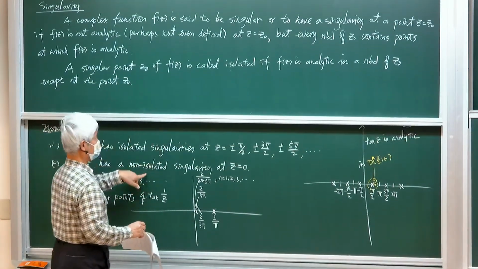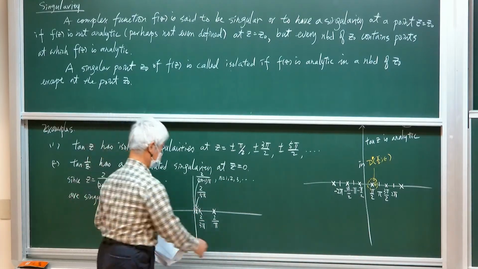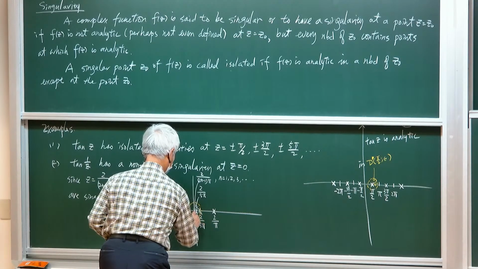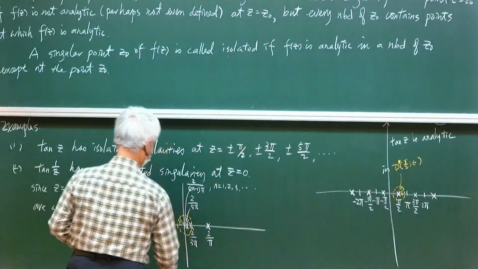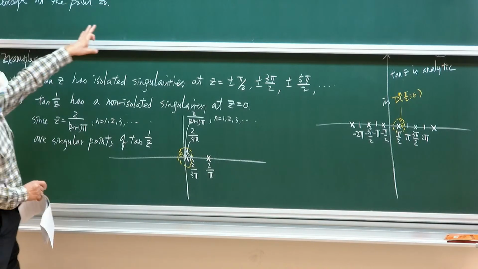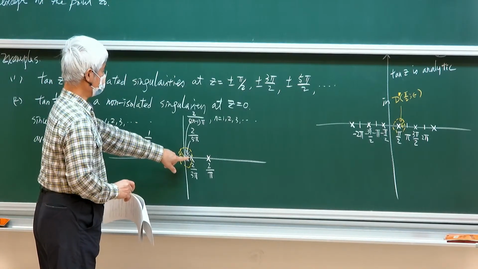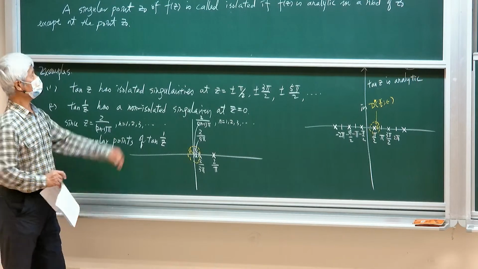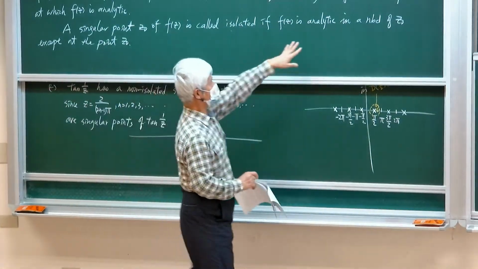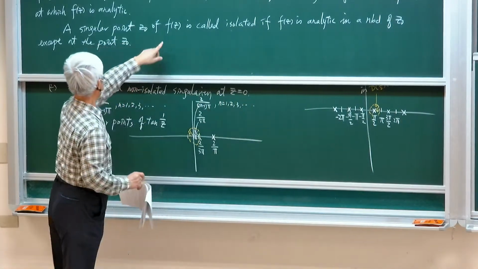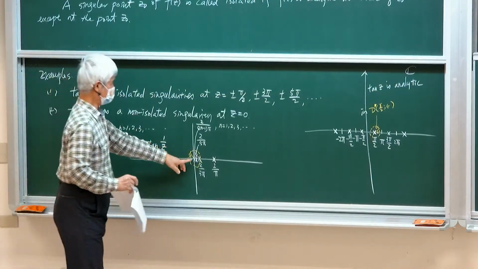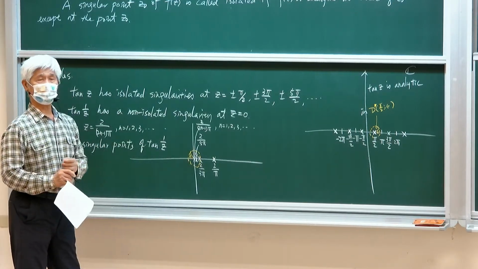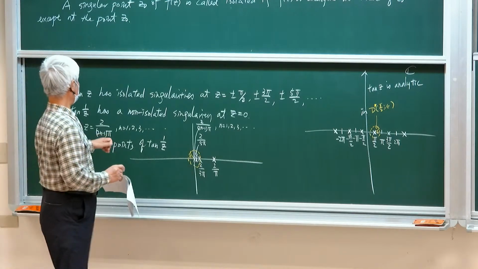Because for any neighborhood of 0, no matter how small it is, you can't find a neighborhood such that f of z is analytic except at 0, because you have infinitely many points in the neighborhood where f of z is not defined.